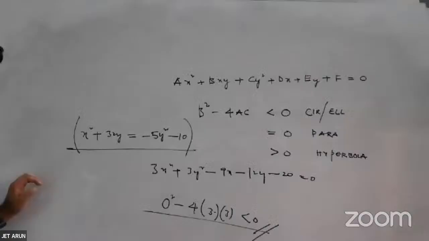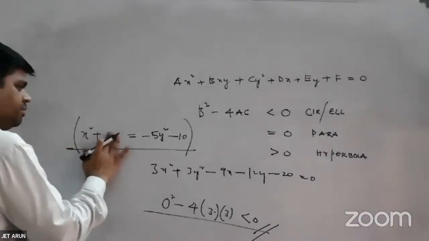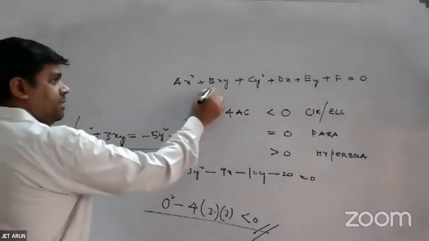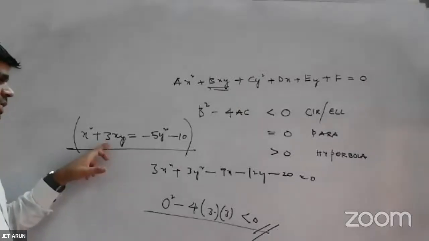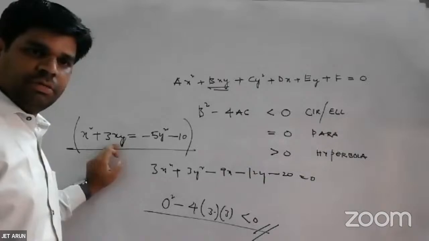What's the value of b? Sir, I can't see your video. B is 3xy. Sir, b value is 3. Sir, I can't see your screen in the middle of the video.